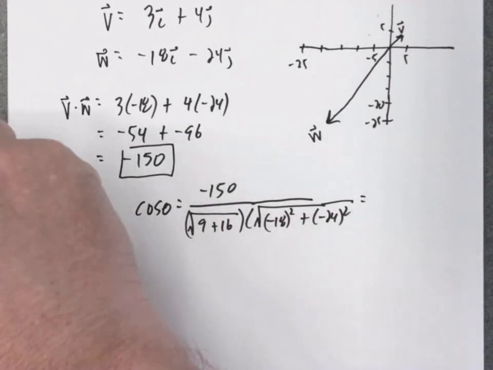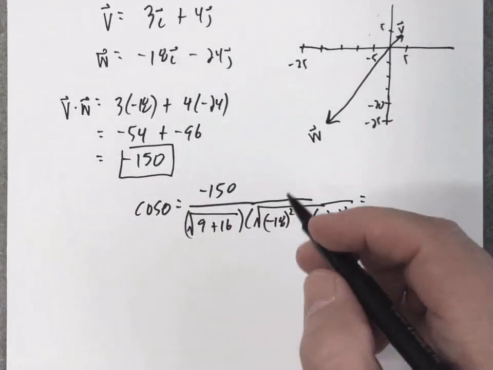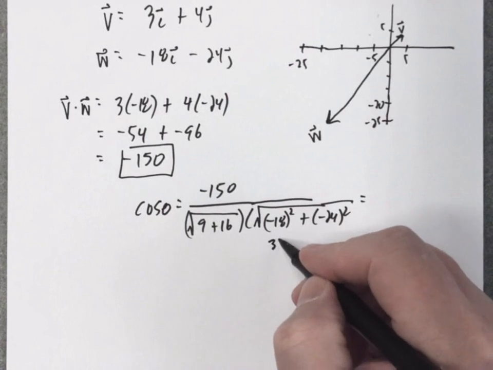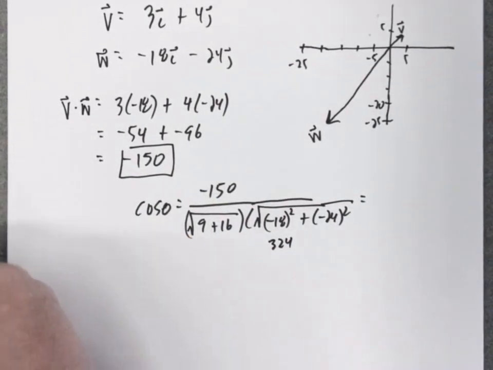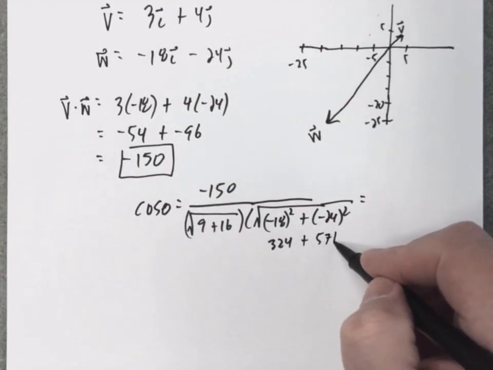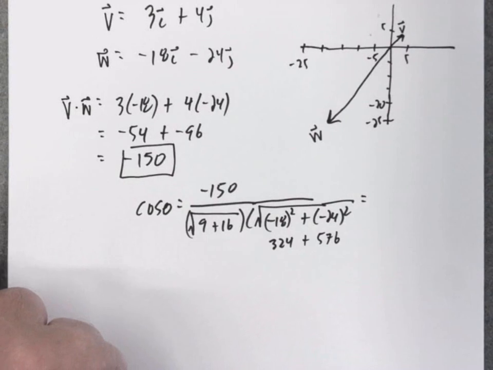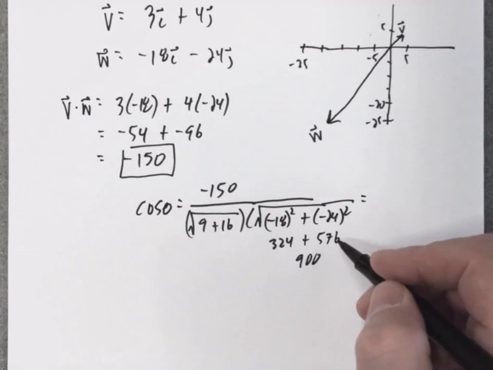So let's just figure out what this is. -18 squared is 324, and -24 squared is 576. When you add those together, you get 900.